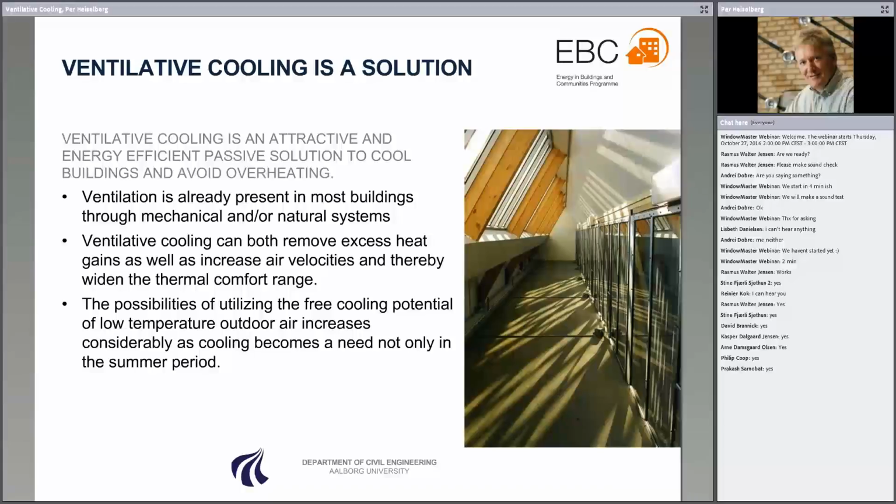We actually have a need for cooling more or less all the year round. This also goes for office buildings. So this means we have a possibility to use this free cooling potential of the outdoor air temperature in a large part of the year.